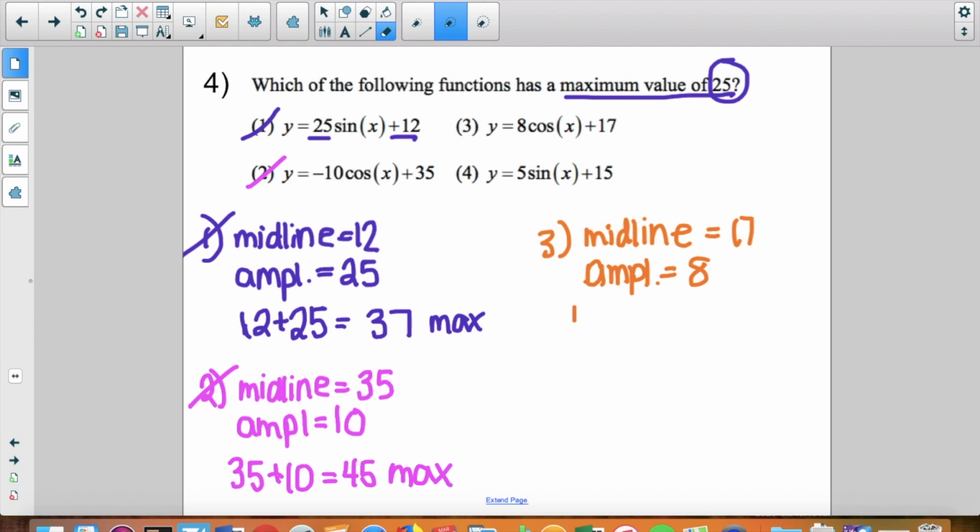So to get to our max, we do 17, which is our midline, plus our amplitude. 17 plus 8 gives us a max of 25, so that is good. Now, if you were to check that last answer choice, you would be doing 15 plus 5, which is 20, not 25.